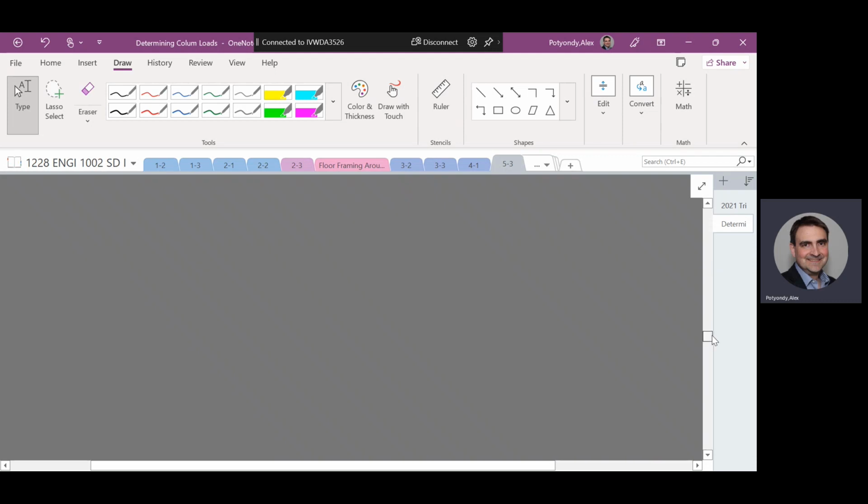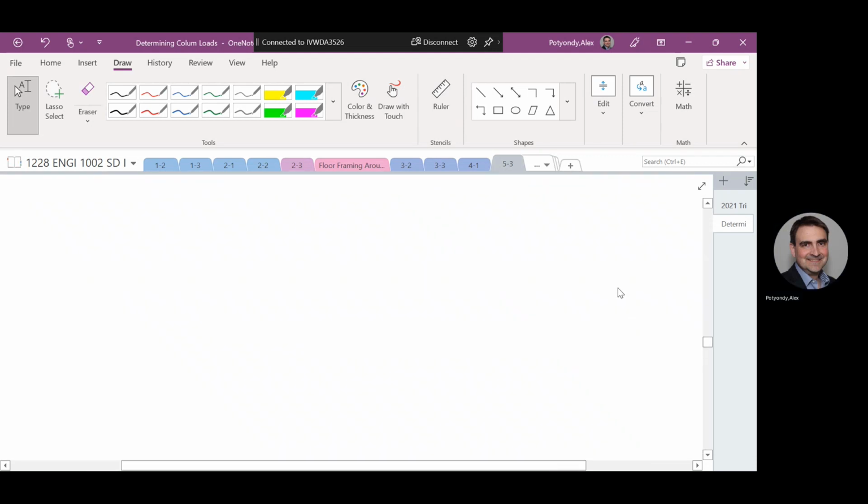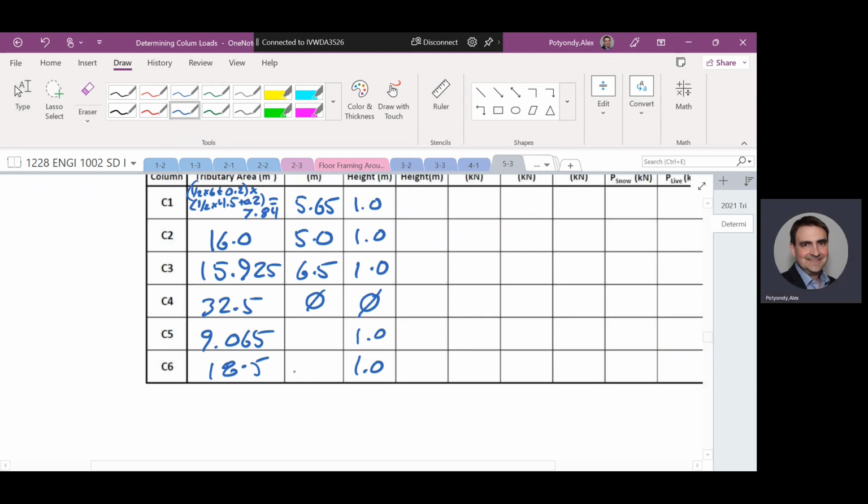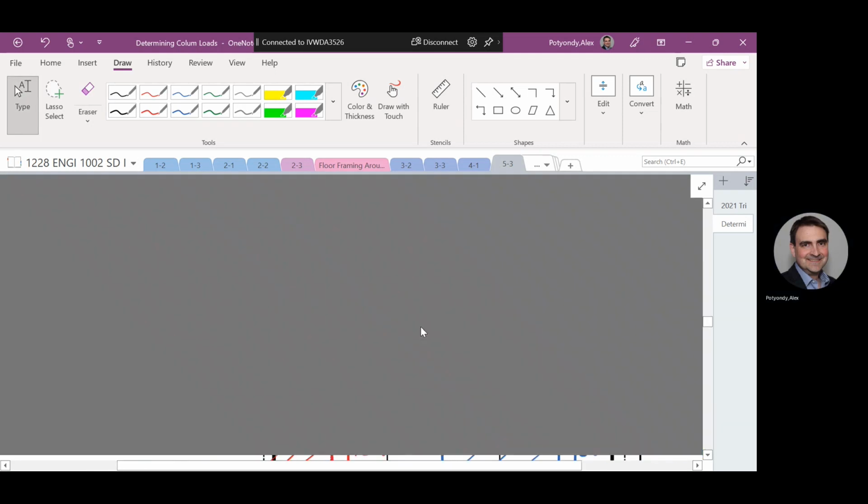Let's transfer those, and we can go on break. C6 is also 5.0. C4 has 0.